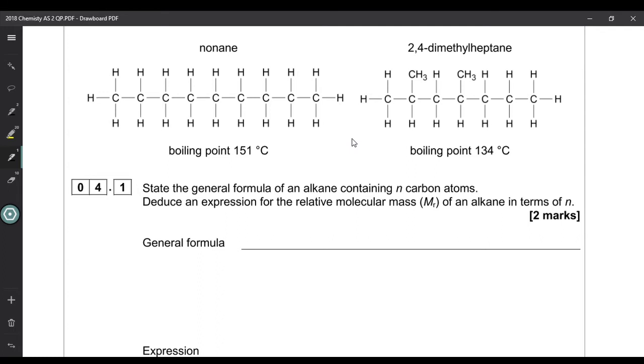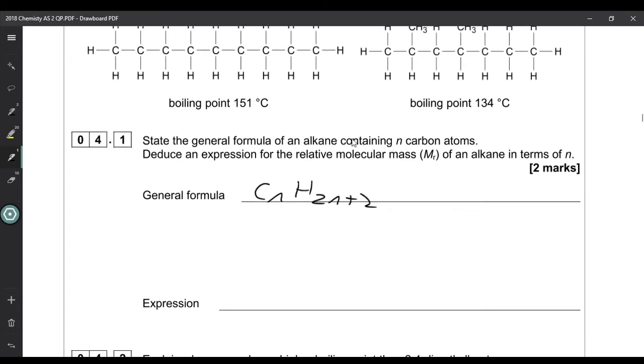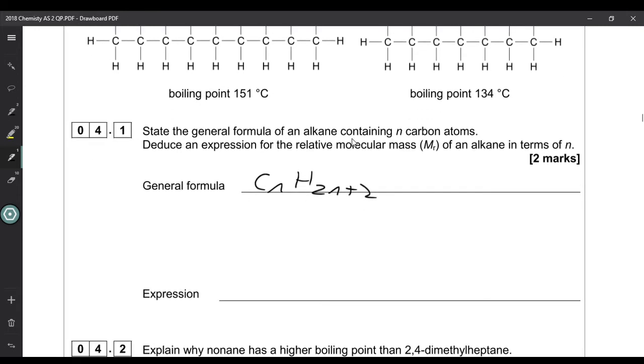So the general formula for an alkane is CnH2n+2. And that's something that's probably covered at GCSE. So the expression for its molecular mass, we can see for every N we have 1 carbon and we have 2 hydrogens, then another 2 hydrogens.